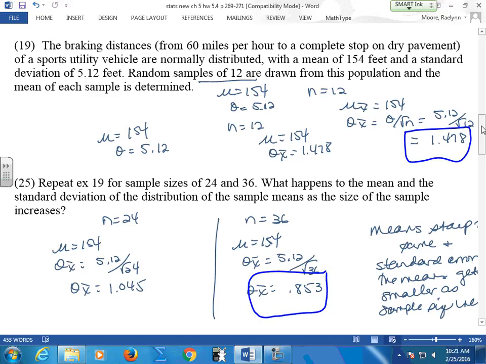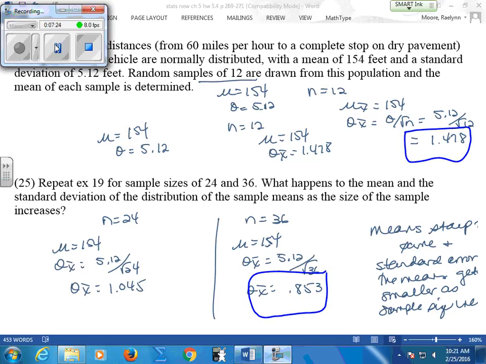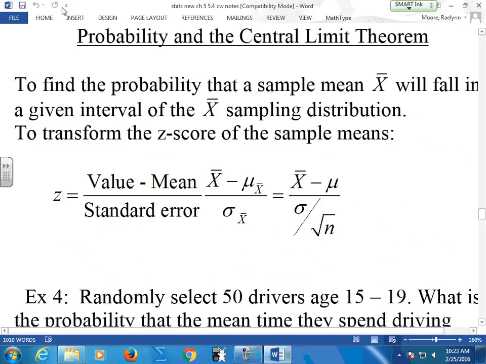Any questions on this? This is what we're going to use. Your normal z-score says x minus the mean over the standard deviation. We're going to change this slightly. So now, instead of x, we use the mean of the sample means, x bar.